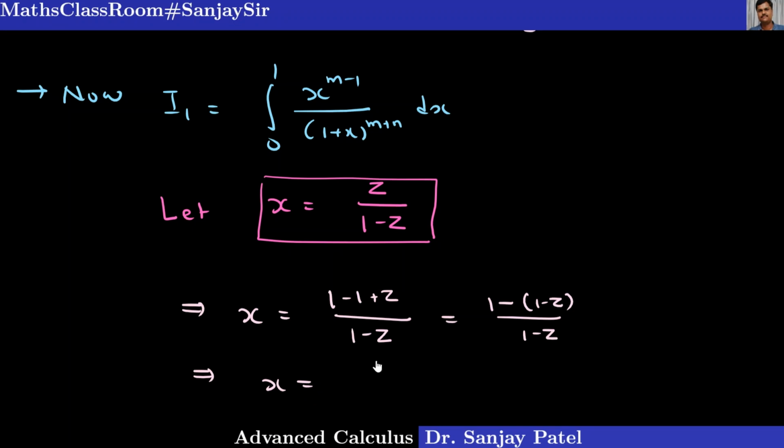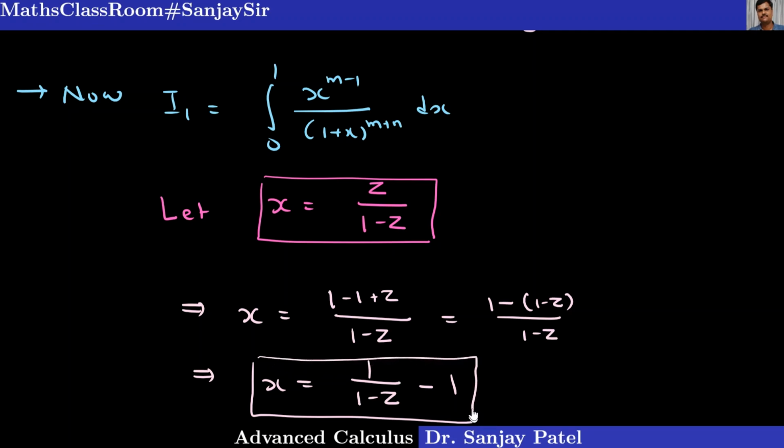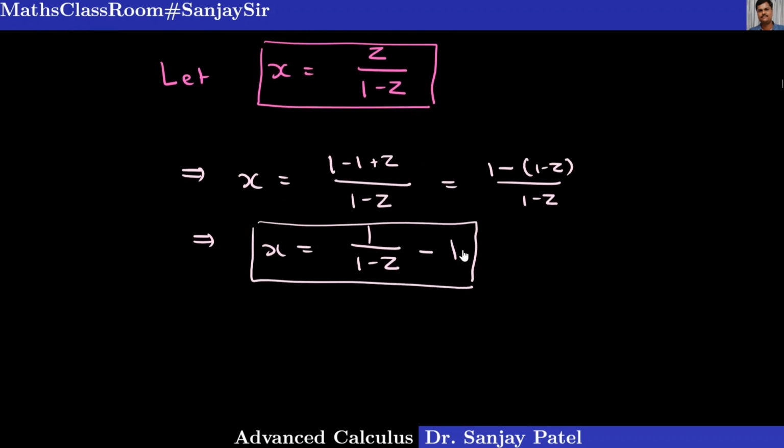Now again, (a+b)/c is a/c plus b/c. So I can write this as 1 upon (1 minus z), and this (1 minus z) will be cancelled, so it is minus 1. So we have another expression for the substitution for x. And from this I can compute the differential dx easily.